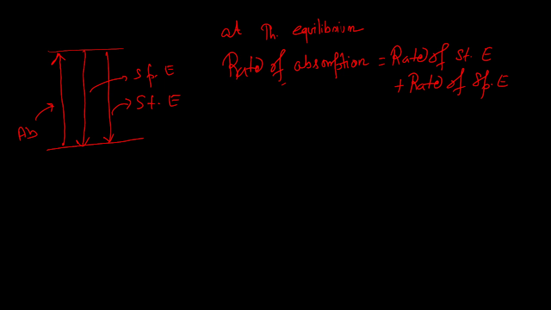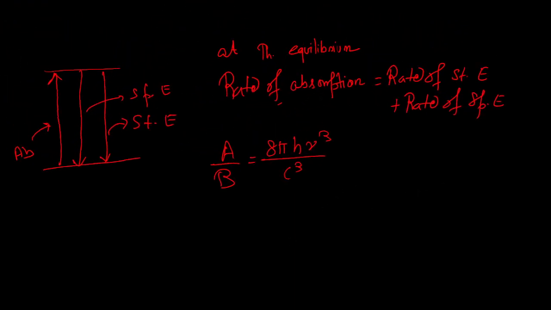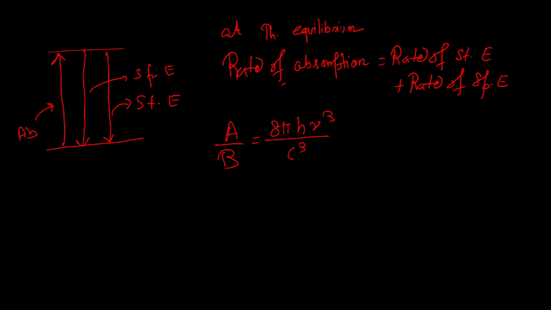And based on this equation, Einstein came up with the expression of the rate constant for spontaneous emission and the rate constant for stimulated emission, which is nothing but, where nu is determined by the gap between the two states.